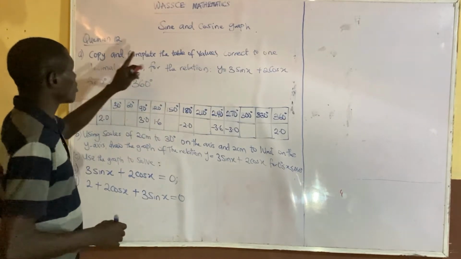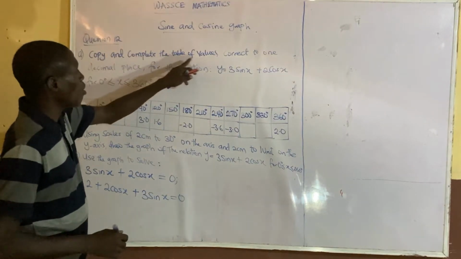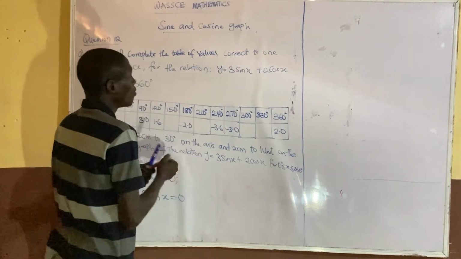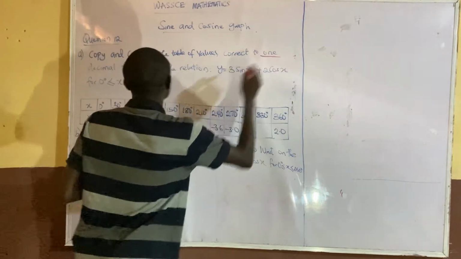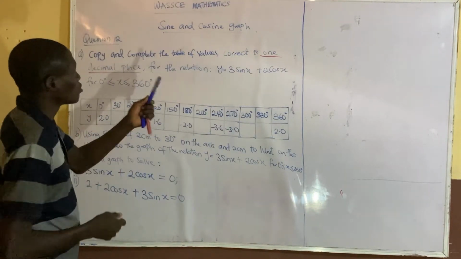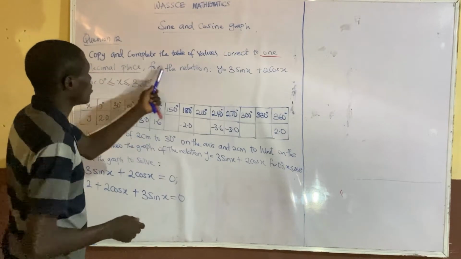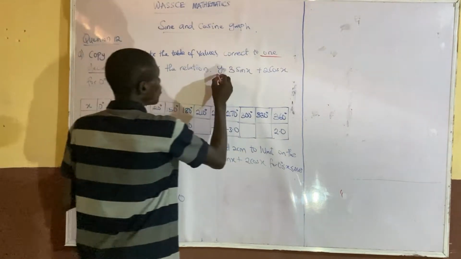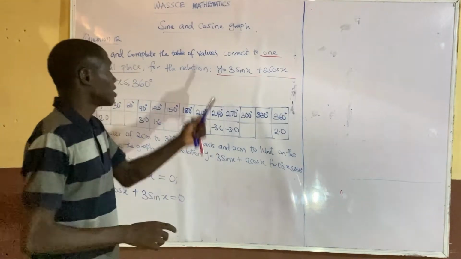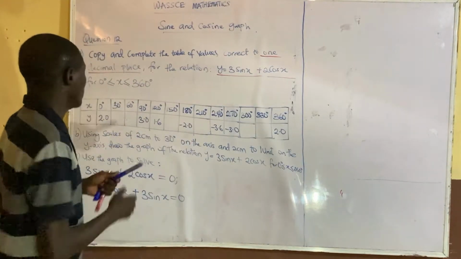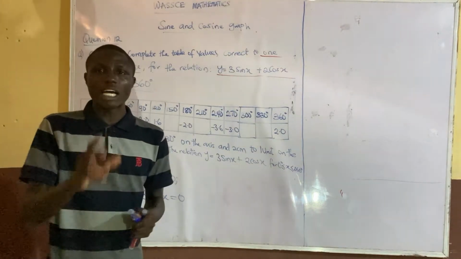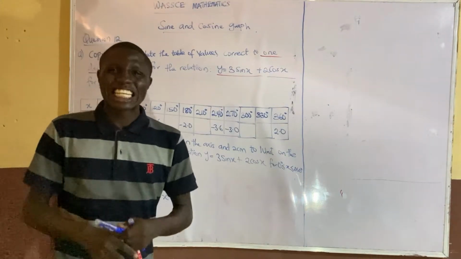We have to copy and complete the table of values correct to one decimal place for the relation y equal to 3 sine x plus 2 cos x, for the range of values 0 degree less than or equal to x, less than or equal to 360 degree.